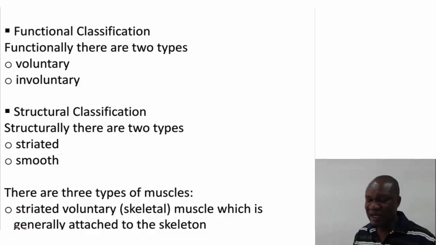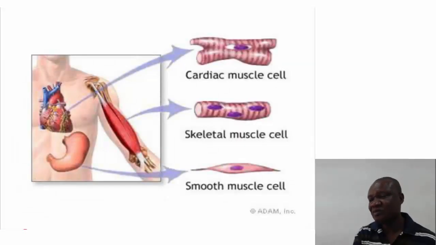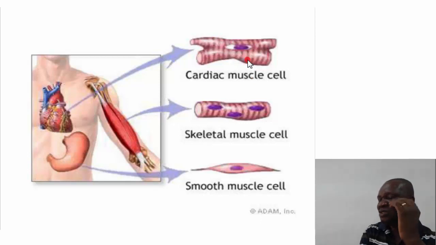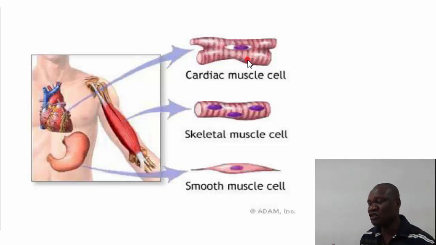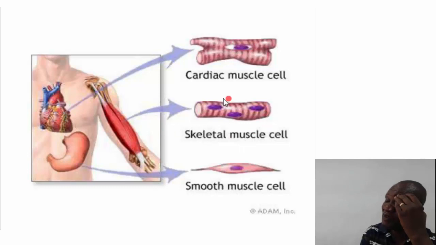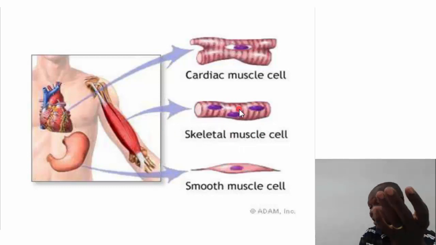Now, basically, there are 3 types of muscle. We have cardiac muscle, which is striated and involuntary, and is found in the walls of the heart. We have skeletal muscle, which is striated and voluntary.